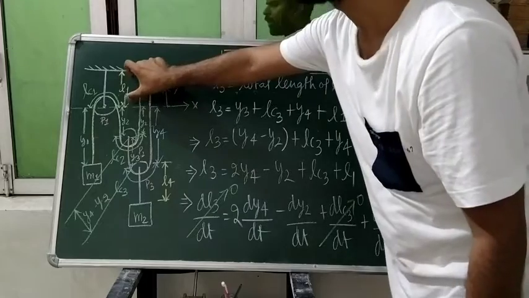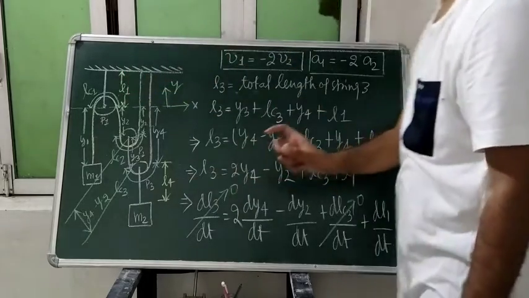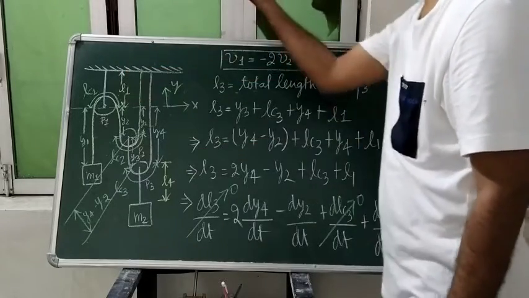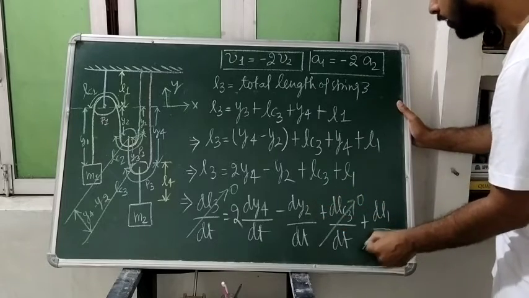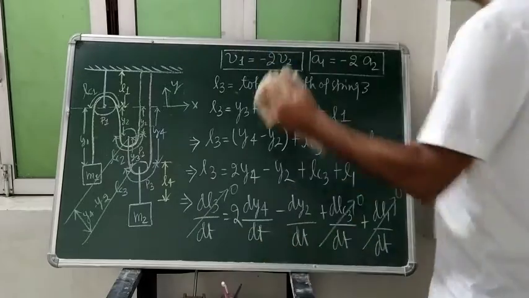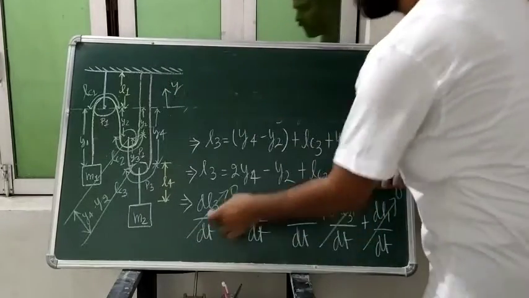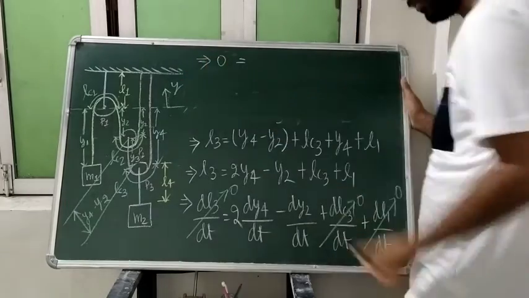L1, the length of the string present here, is also not going to change. It will be that same length which will be present here. It is fixed to the ceiling, so that will also be constant, and differentiation of a constant will become equal to 0. Now I am rubbing the upside, and here we will get 0 is equal to what, student?